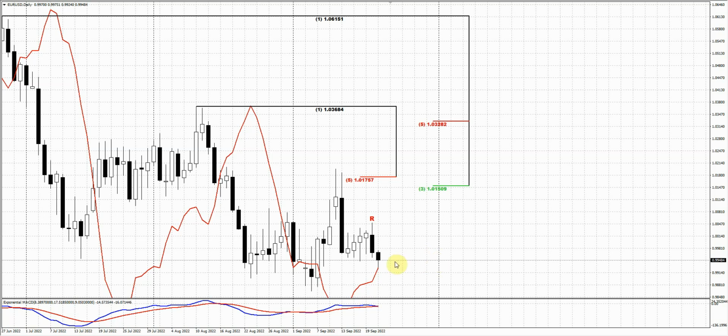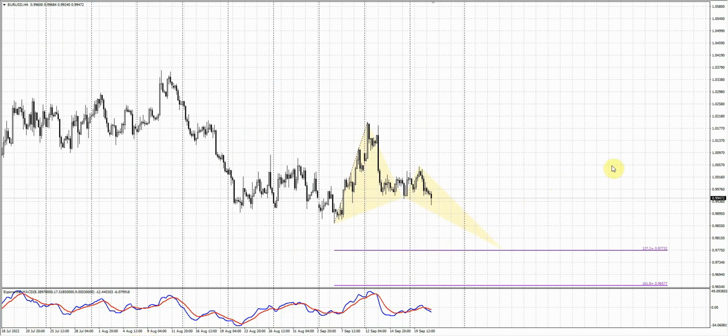But purely by taking a look at the technical picture that we have, first of all, I'm not really sure that this grabber will be formed here and whether it will really make some sense for performance, because the overall picture stands more in favor of downside action. On the four-hour time frame chart, I suggest that it might be a butterfly pattern that's forming right here, and take a look, the first target of the butterfly is very close to the nearest target that coincides on the monthly level.